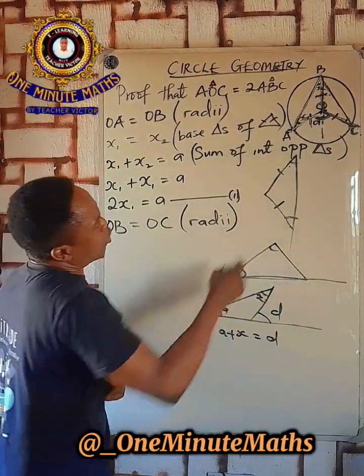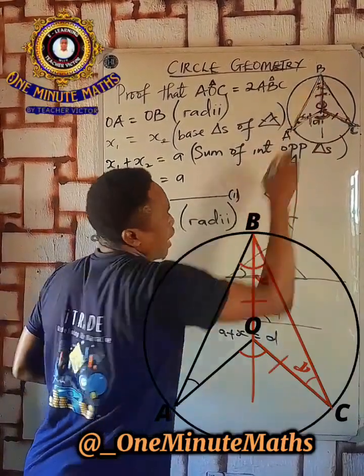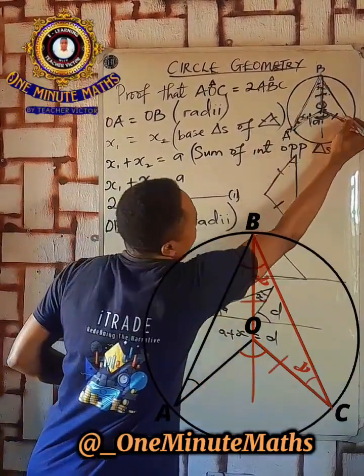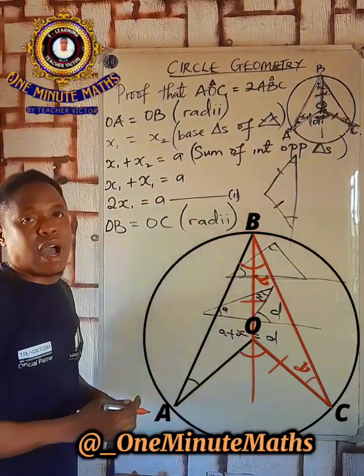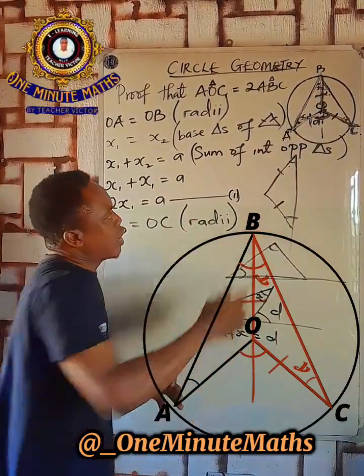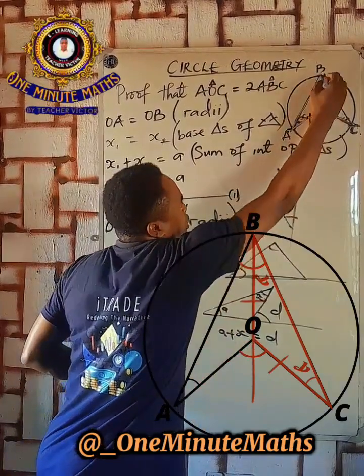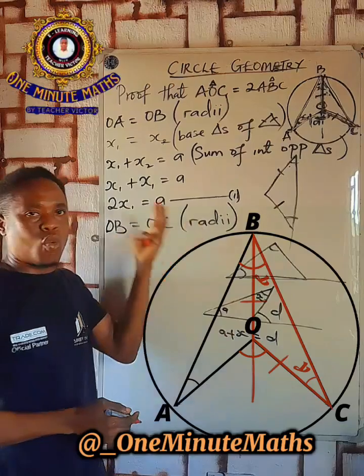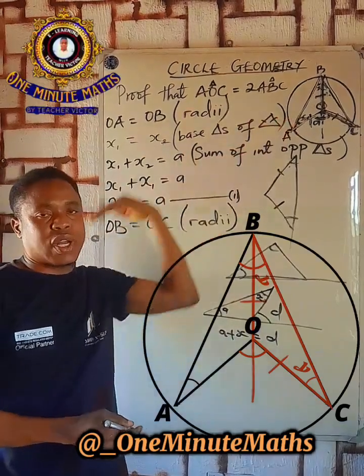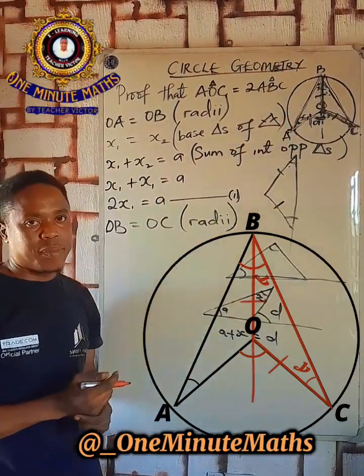In like manner, because these sides are equal, whatever angle is here or the one that is here will be equal as well. Why? Because this triangle reminds us of an isosceles triangle, just like the one we saw before when we were treating the other side of this diagram.